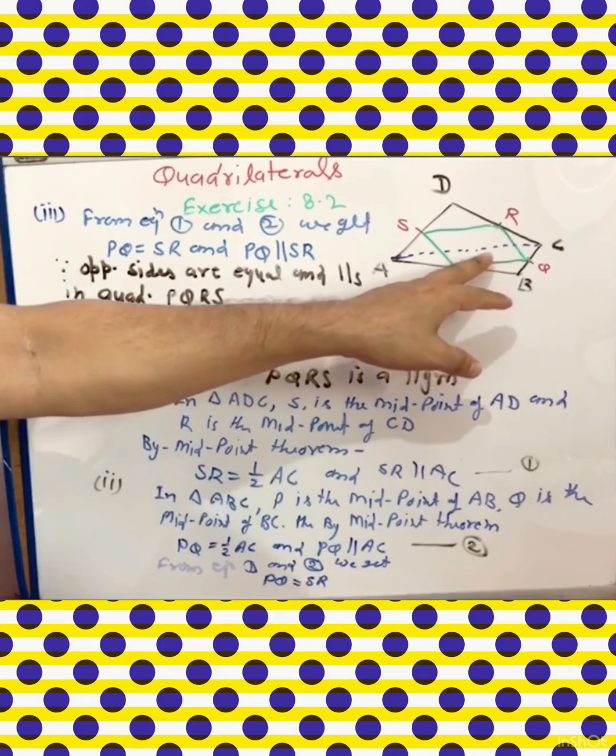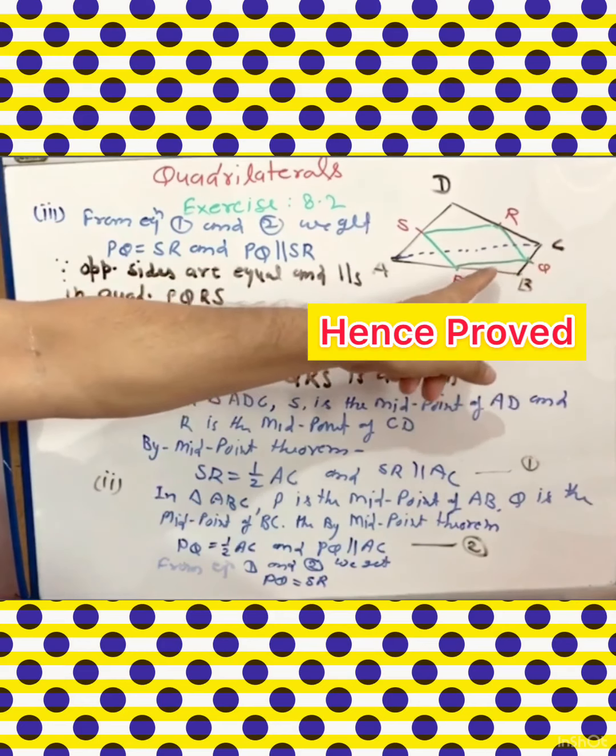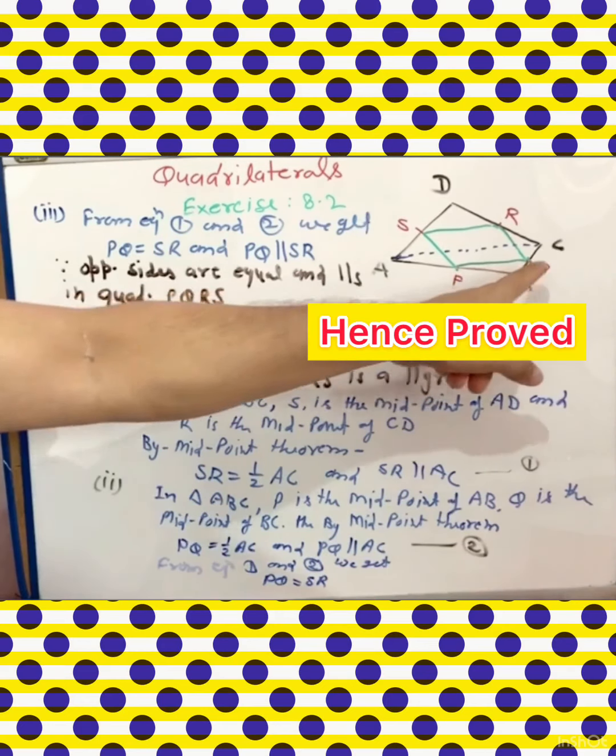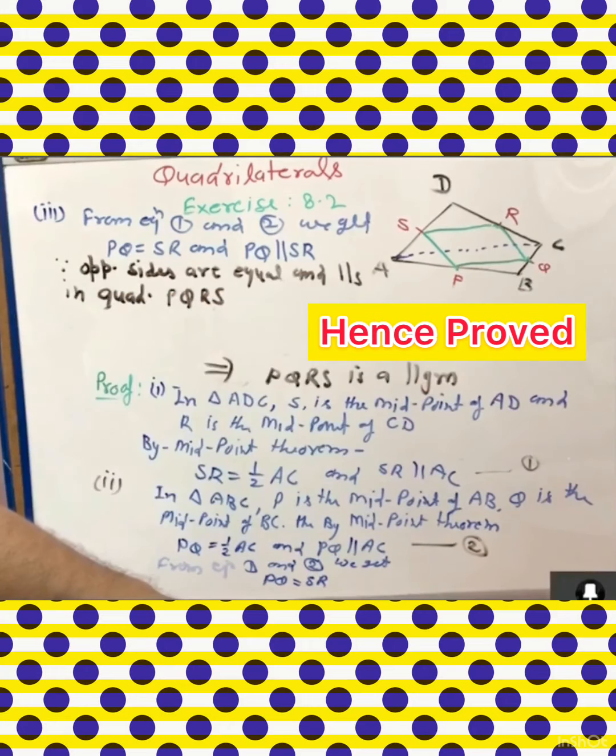Similarly, you move for triangle ABC, you can say that P and Q are once again midpoints, and so we have all the results for question number first, all three parts are given.